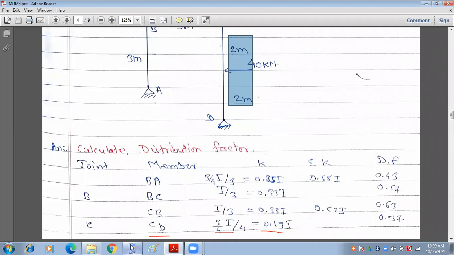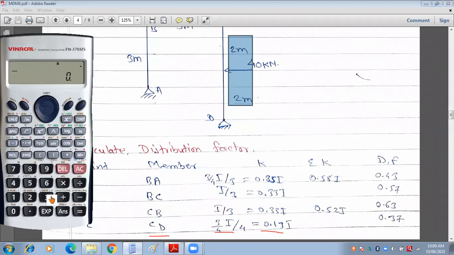Now let us calculate this term. 3/4 of 1 by 4 is 0.1875, round up to 0.19.